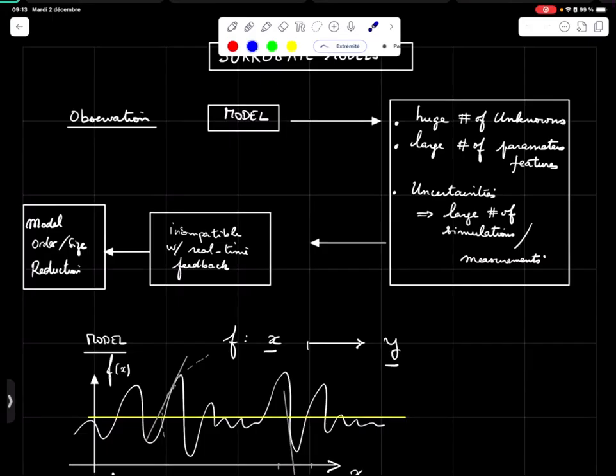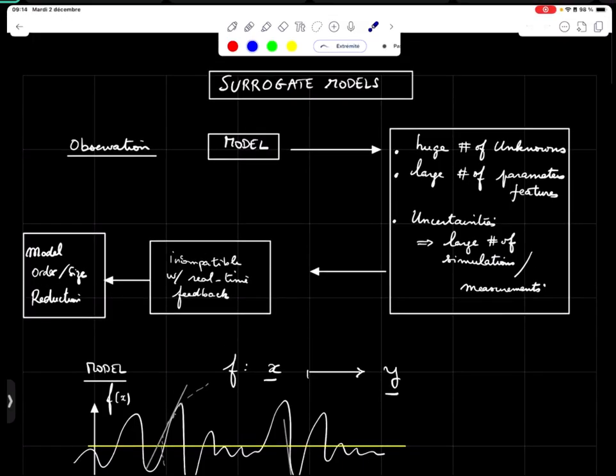This is what we spend all this time figuring out how to deal with. So we have a model, and this model has, to be a bit vague, a huge number of components. It could be a large number of unknowns, for example, if you solve large fluid dynamics problems, or it could be a large number of parameters or features.